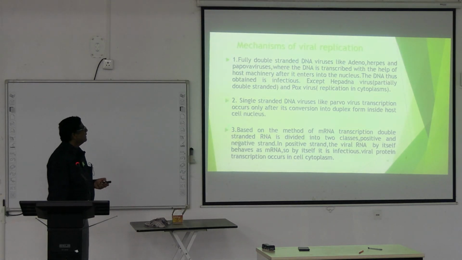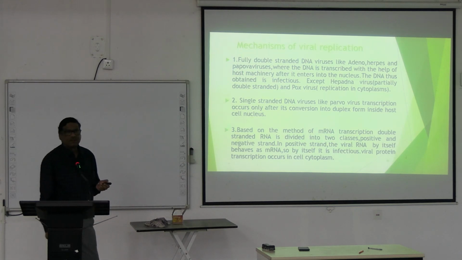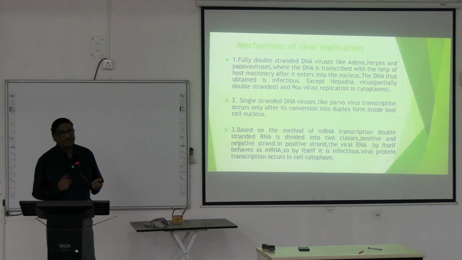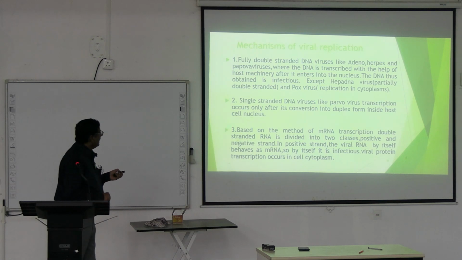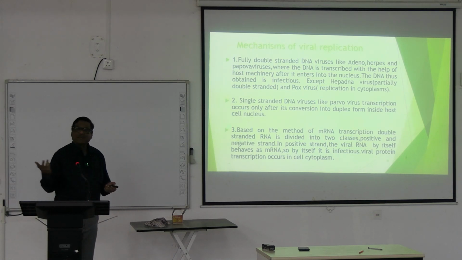Finally, the mechanism of viral replication. Double-stranded DNA, no problem, because the conversion is possible, positive sense and negative sense, and then messenger RNA formation is easy. In the case of single-stranded DNA, it acts like the messenger RNA.